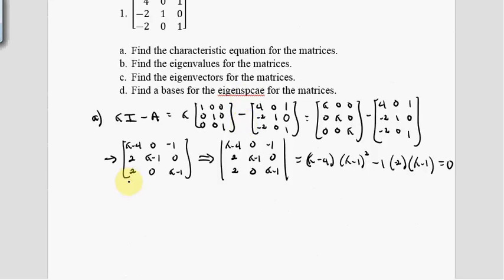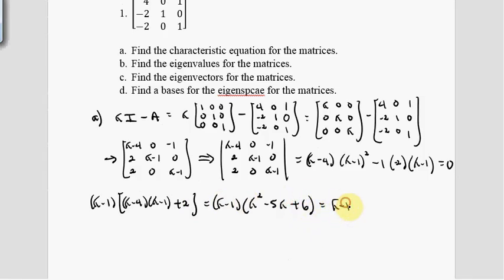So we simplify that. I could factor out lambda minus 1 from everything. So this is lambda minus 4 times lambda minus 1 plus 2. That's equal to lambda minus 1 times lambda squared minus 5 lambda plus, this is 4 plus 2, plus 6.